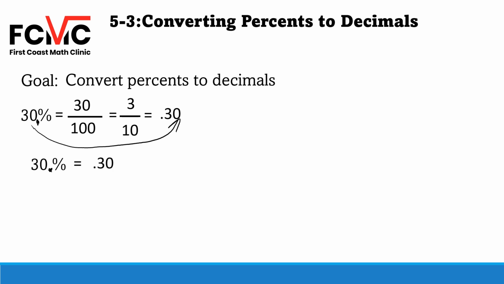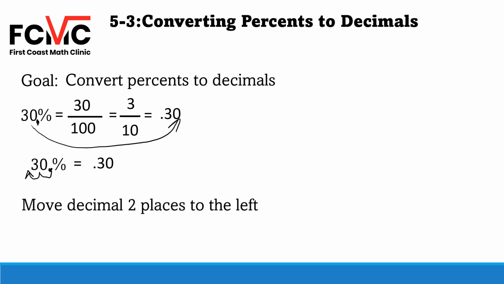So what we're going to do is basically move our decimal point 2 places to the left in our percent to convert our percent to a decimal. Because what we're actually doing is dividing by 100. So to account for the 2 zeros in our 100, we're moving our decimal 2 places to the left, and we get our 0.3.